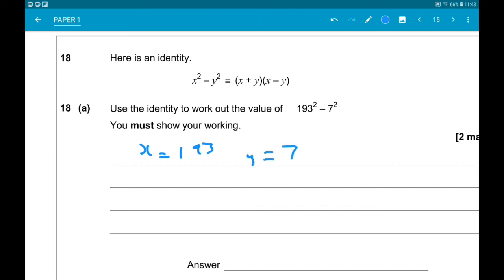So we're going to get 193 add 7, so that's 200, times 193 minus 7, so that's 186. Now that doesn't look the nicest, so I'm going to break it down. I'm going to do 2 times 186 first.